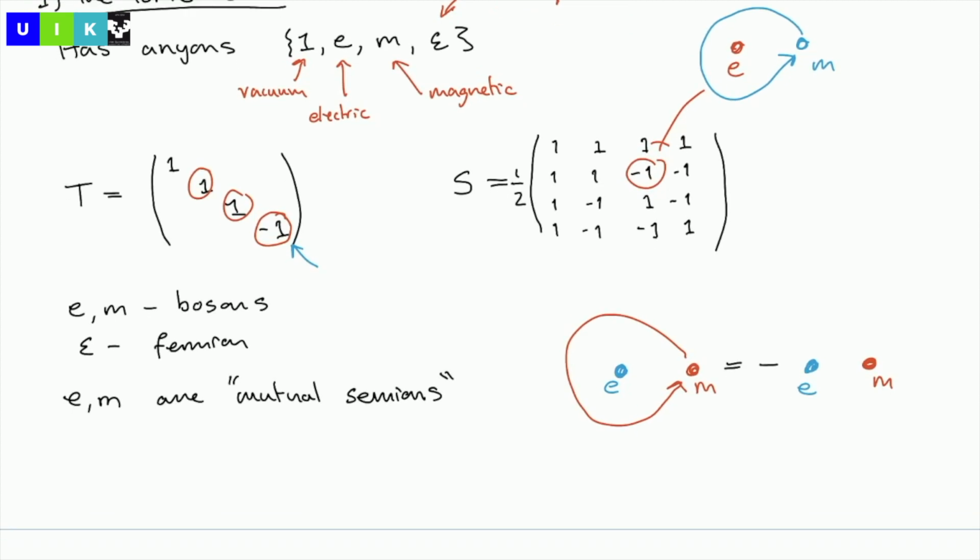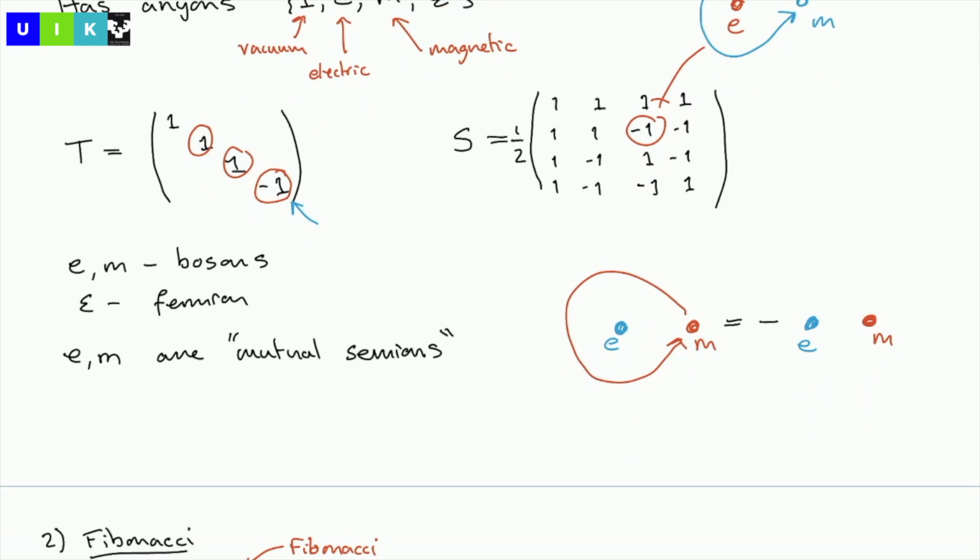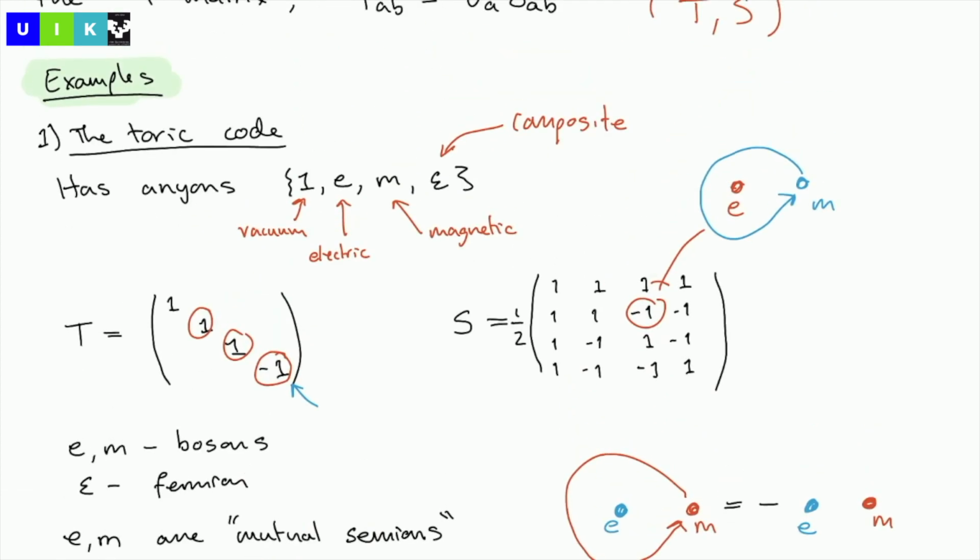Only the different types of excitations are distinguishable, but not 2 excitations of the same type, right? Sorry, can you repeat that? You said for this mutual exchange, the particles or excitations are distinguishable. They are only distinguishable in the sense that you can distinguish between E and M, but not 2 M. Okay, so in general, mutual statistics holds even if they're distinguishable.